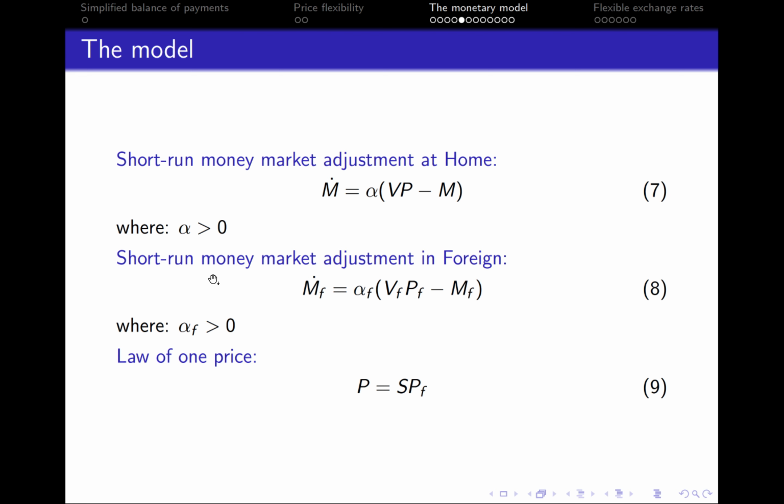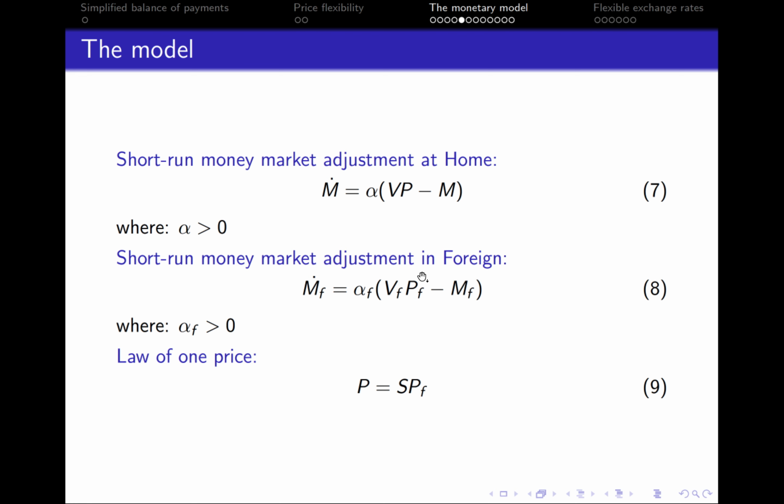And look, similarly, we have the same market adjustment mechanism in foreign, so everything stays the same but with subscript F. Then we are assuming that we are producing only one good in this economy. So the final thing to connect the two markets, the two economies within one model, is the law of one price.